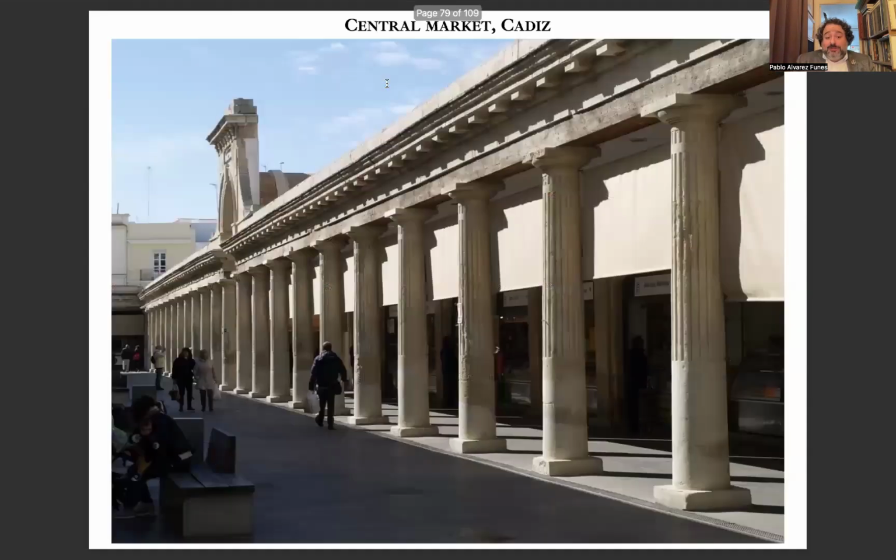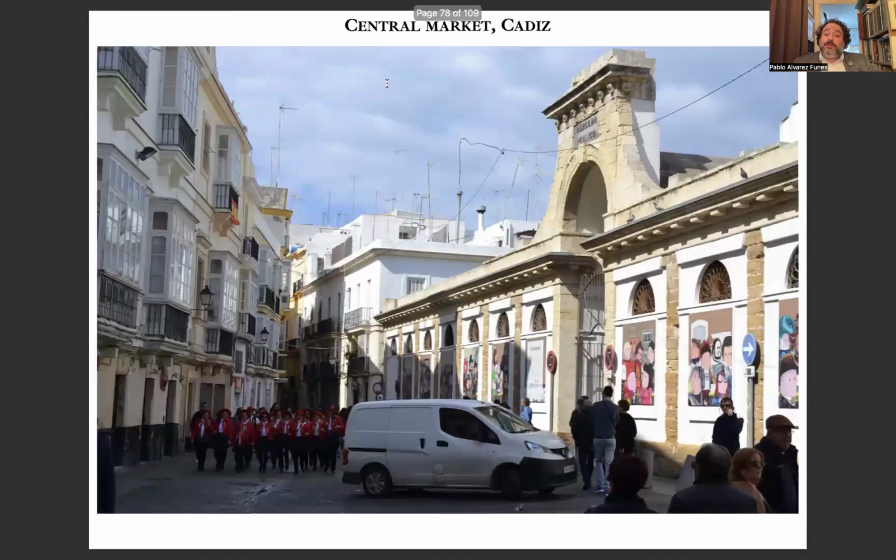And with these ones, again, these might look like, instead of Cadiz, you are in Athens. Well, Cadiz is older than Athens, so you could say that, no? Cadiz is the oldest city in Western Europe, more than 3,000 years old. So, but how would you define this one?